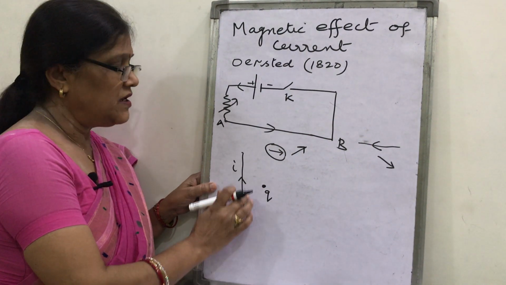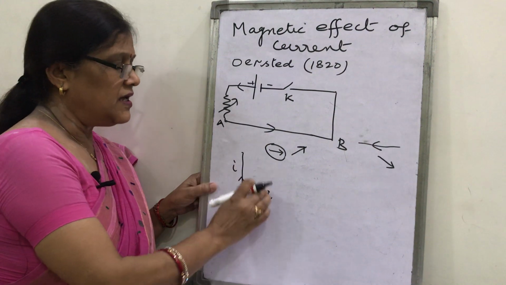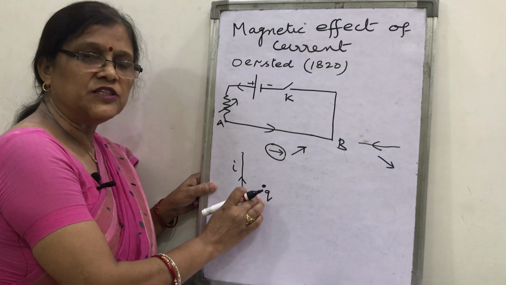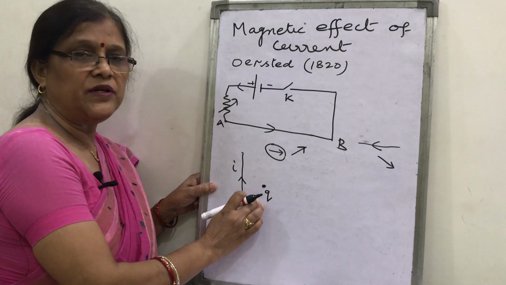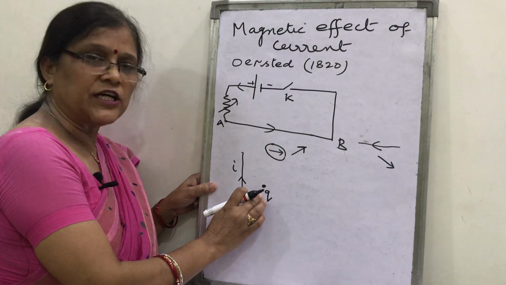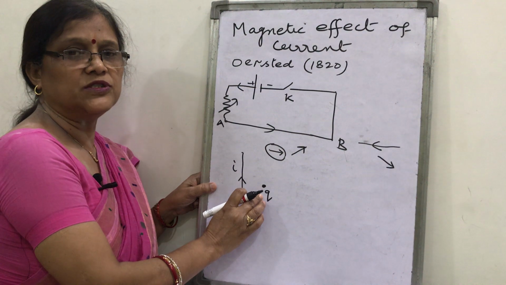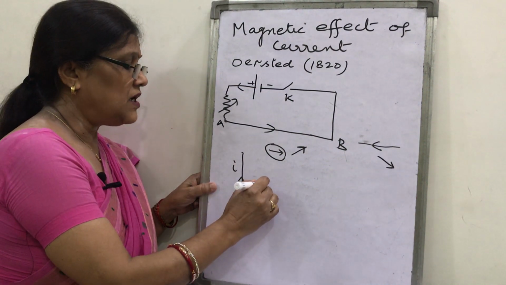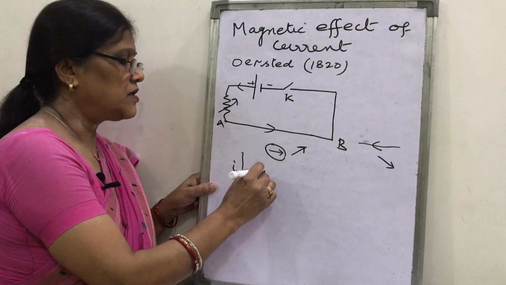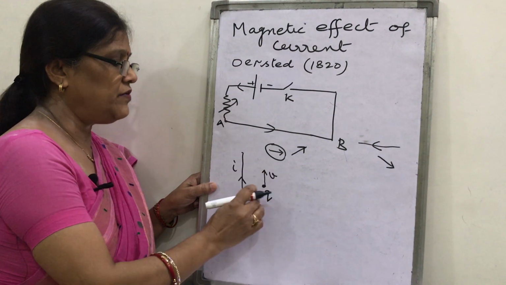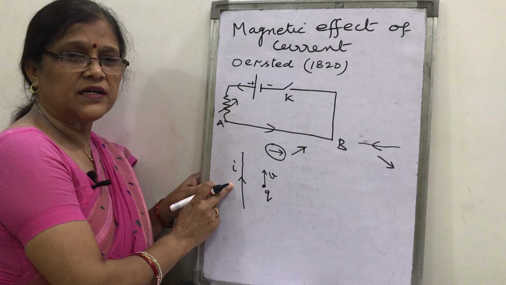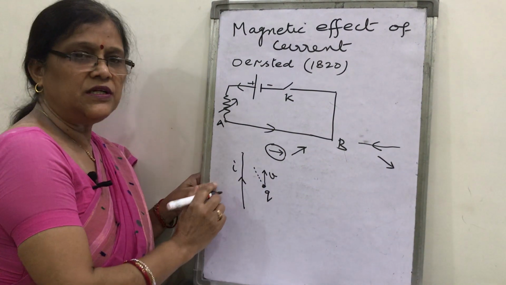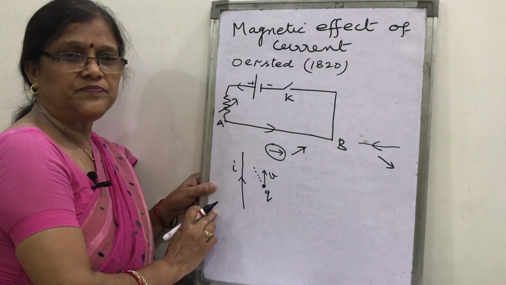It proves that the current carrying conductor has a magnetic field around it, but if a charge is placed in the magnetic field, it will not be deflected, it will not experience any magnetic force. Now what will happen if the charge is kept moving with velocity v when the current I in the conductor has started? Then you will observe there will be a deflection in the motion of the charge.